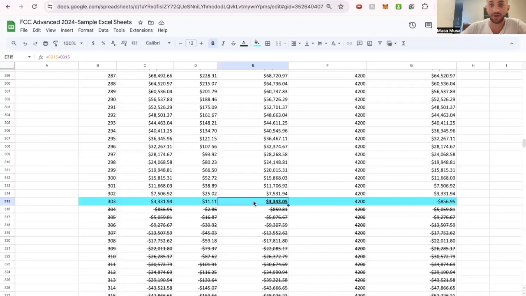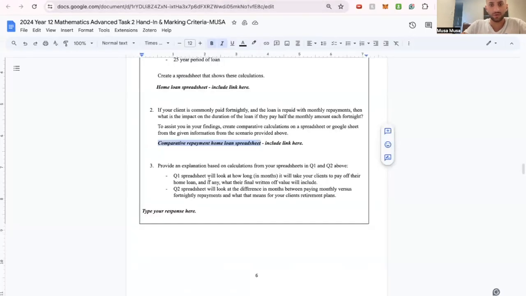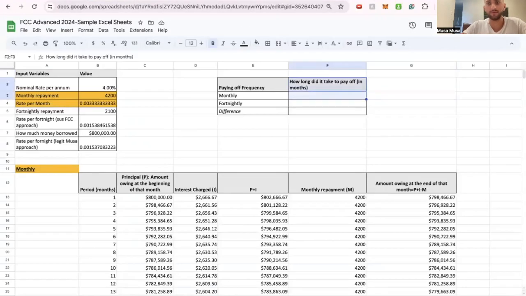So 3343.05, 3343.05, and 303. So when we come back to the top, I have a little bit of a summary table. Actually, final written off value, we need another.